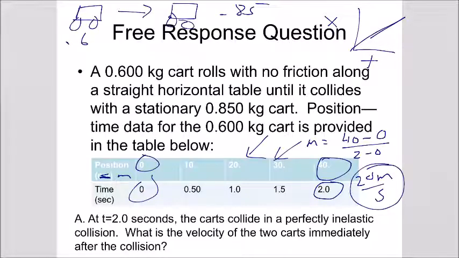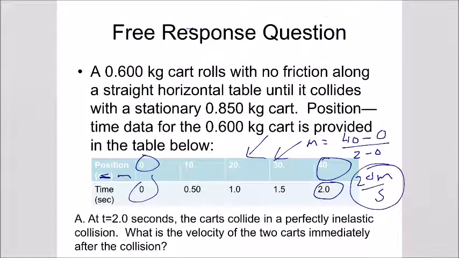Now, let's do a little erasing here to make some space. If we want to find the velocity of the two carts after the collision, we need to do conservation of momentum.